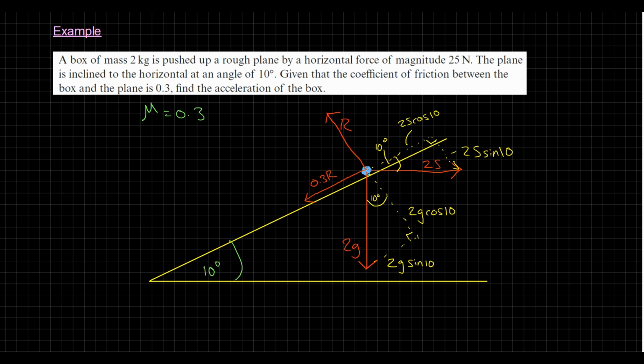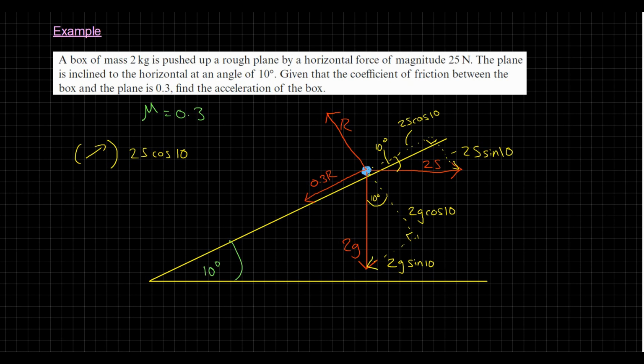Okay, let's resolve. So resolving upwards, I have 25 cos 10 going up. That's that one. I've also got 2g sine 10 going down.